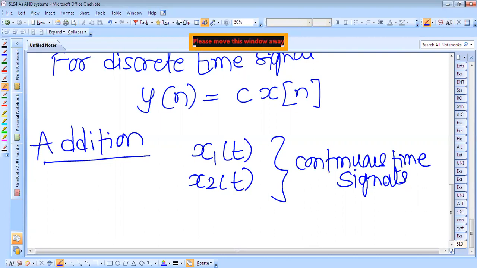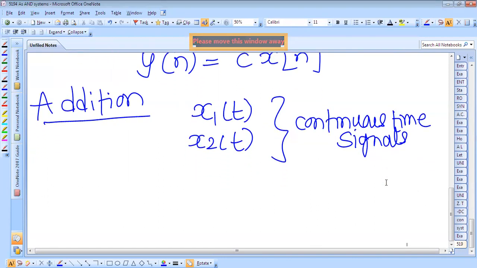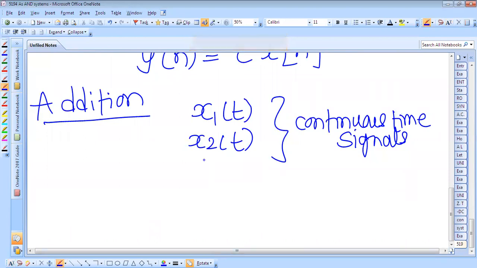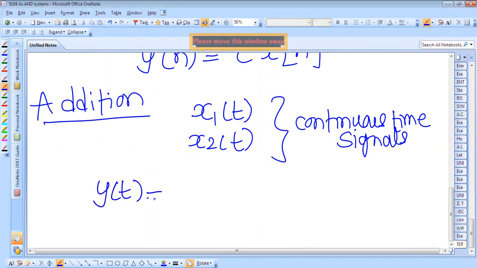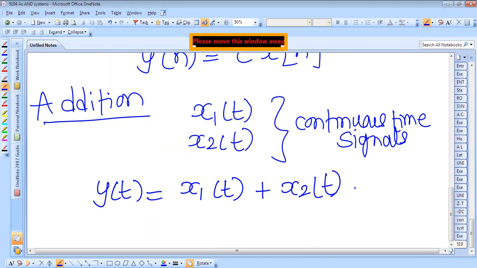Then the output signal y of t can be obtained by the addition of x1 of t plus x2 of t.